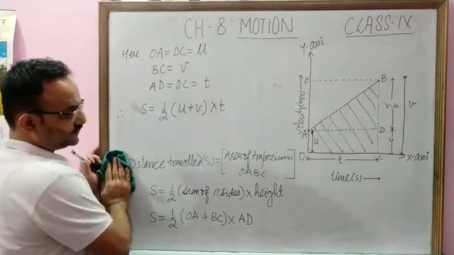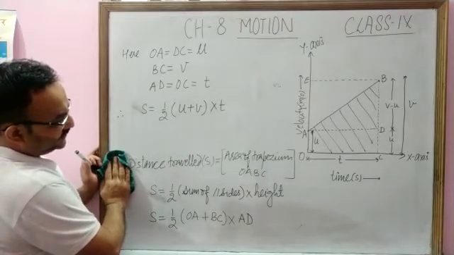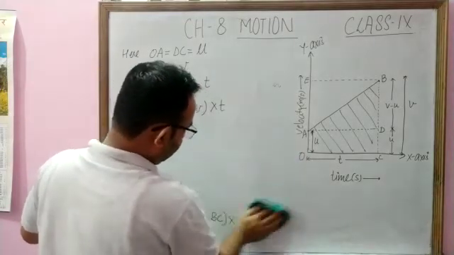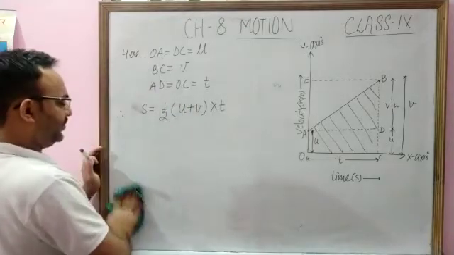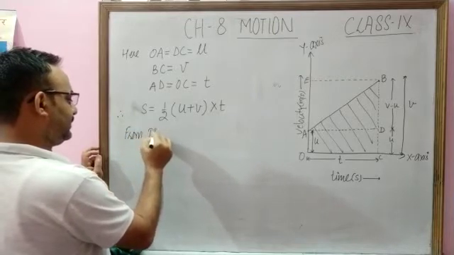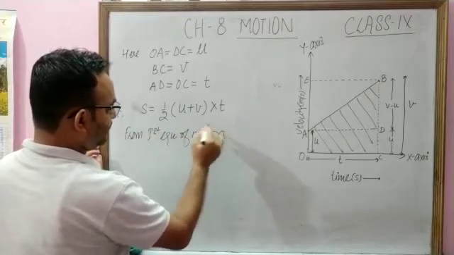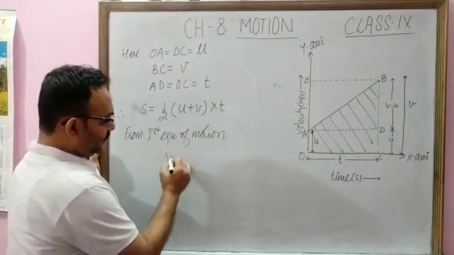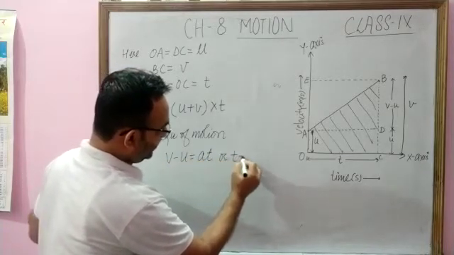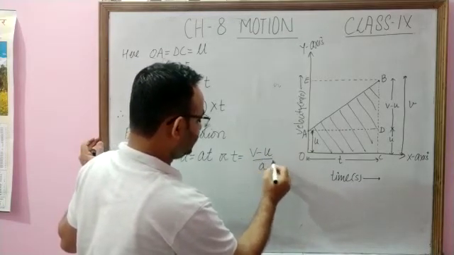Now you have to note down in your notebooks, from the first equation of motion, v minus u is equal to at, or t is equal to (v minus u) upon a.